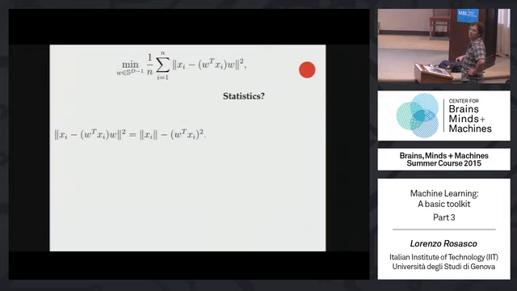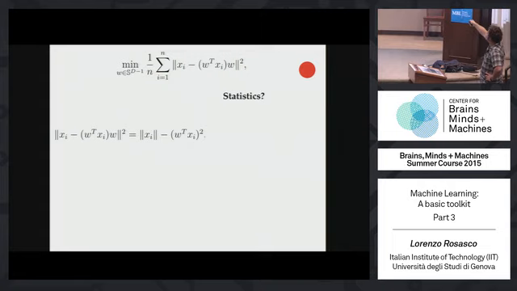Okay, so let's do a couple of computations. This is ideal after lunch. So you just take this square and develop it. And remember that w is unit norm, so when you do w transpose w, you get 1. And if you develop this, you see that this is an equality.